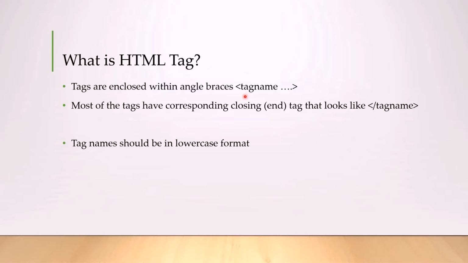Most of the tags have a corresponding closing, or in other words, end tag, that looks like these angle braces, slash, and tag name. So the closing tag is like this. We will reach the tags in future, and you will learn about what they do.